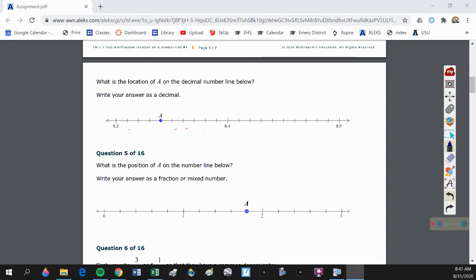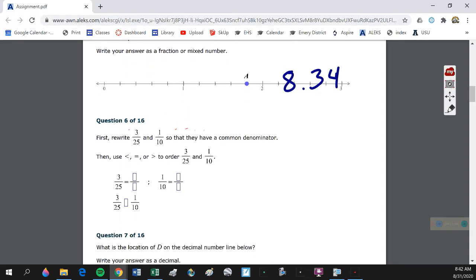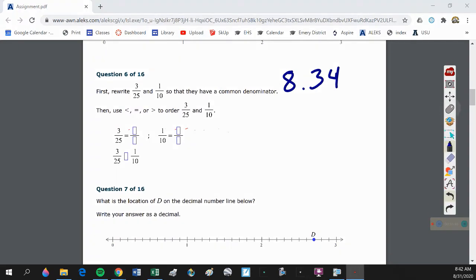So as a decimal, this is going to be 8.34. Do you guys get that? It's 4/100ths past 8.3. Okay. We've done that.